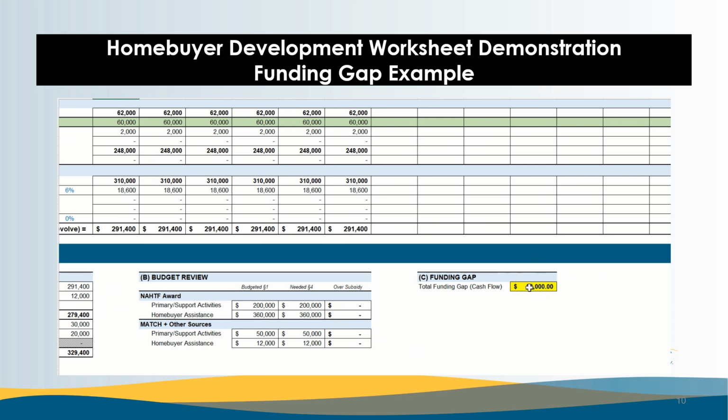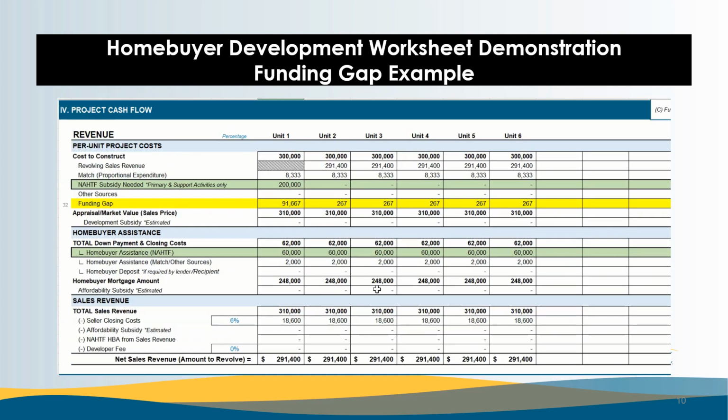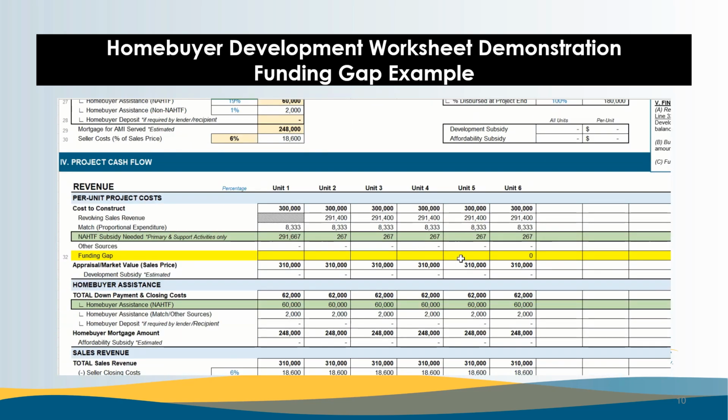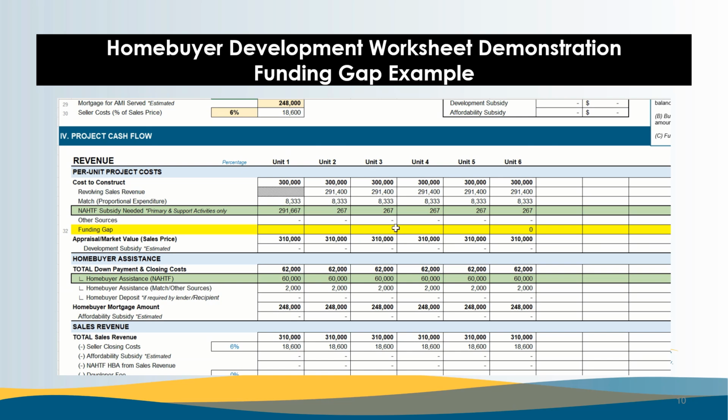You do not want to hand in a worksheet that has a funding gap. So you have to take care of that. And the easy way to do that at first is to take that up. It could go up to $293,000, and you'll be able to see that that funding gap went away.